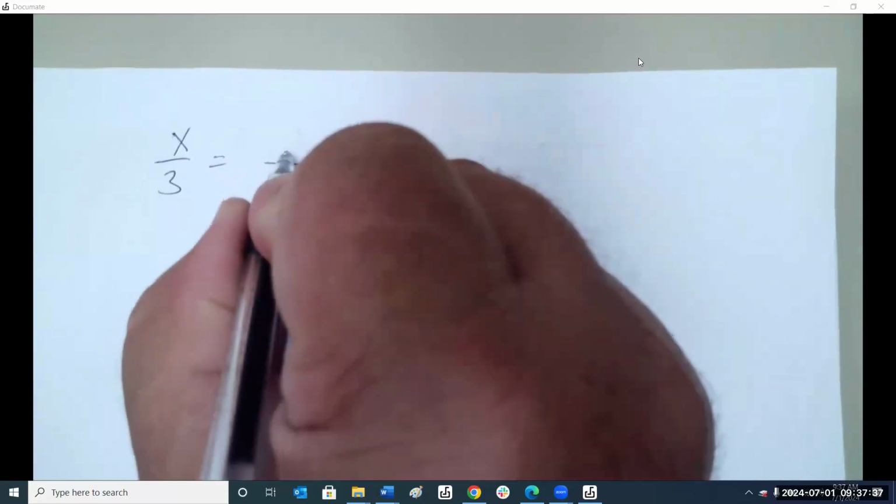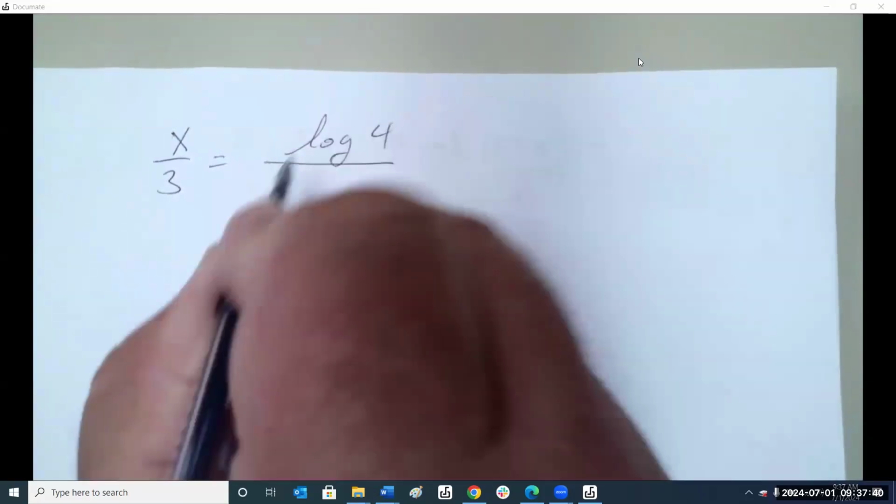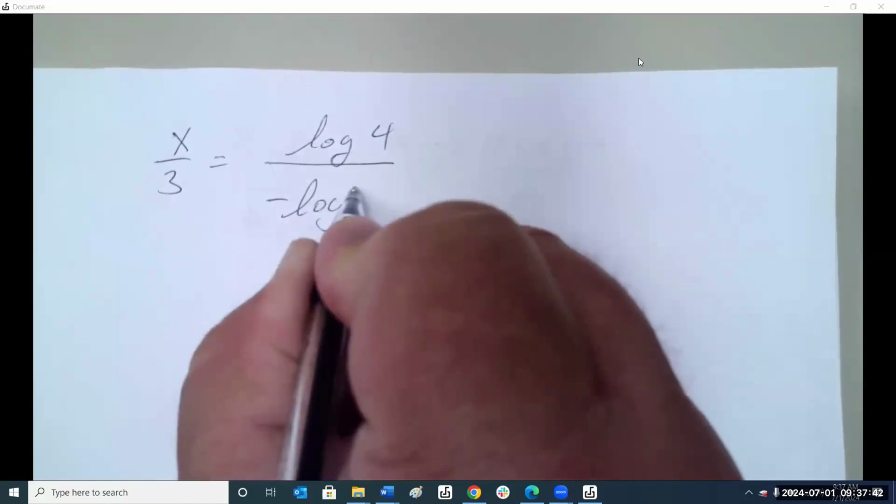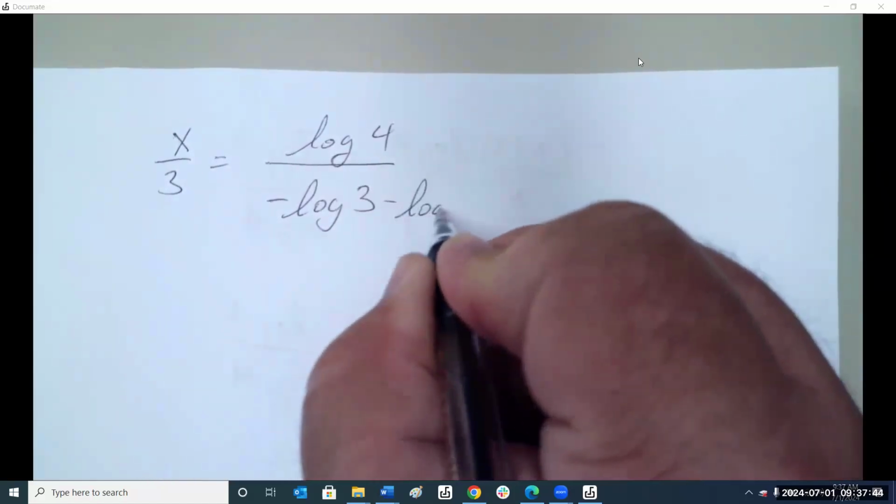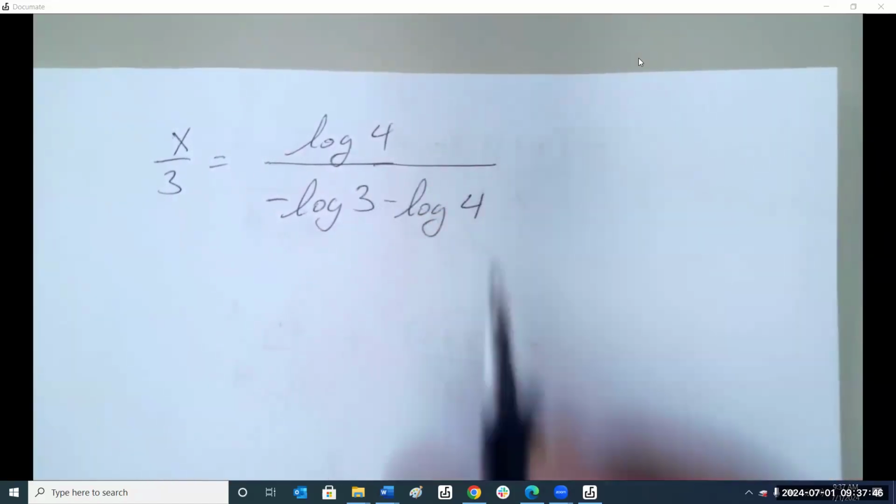So that gives us x over 3 log 4 equals negative log 3 minus log 4.